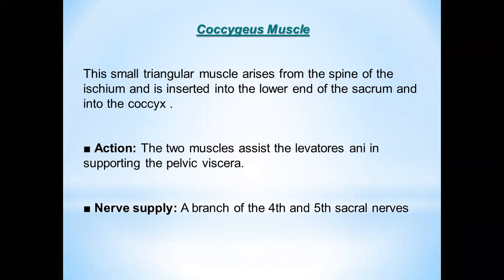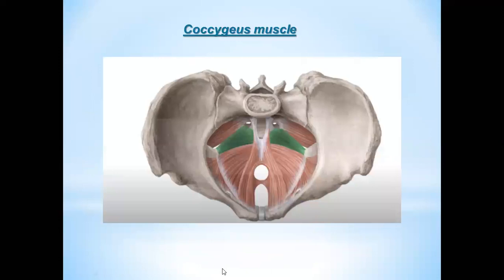The coccygeus muscle is supplied by the branch of the fourth and fifth sacral nerve, while the levator ani muscle is supplied by the perineal branch of the pudendal nerve as well as the branch of the fourth sacral nerve. You can see here, this green part is the coccygeus muscle.